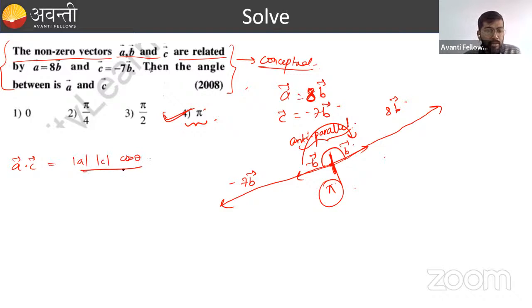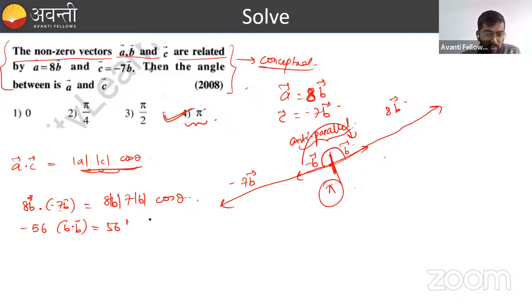So a bar is 8 b bar dotted with minus 7 b bar, equal to mod of a bar, which is 8 times mod b, times mod of c bar, which is 7 times mod b, times cos theta. This is minus 56 times b bar dot b bar.